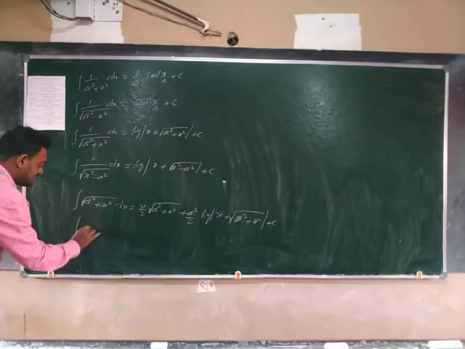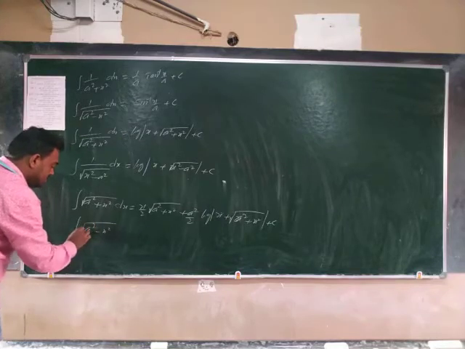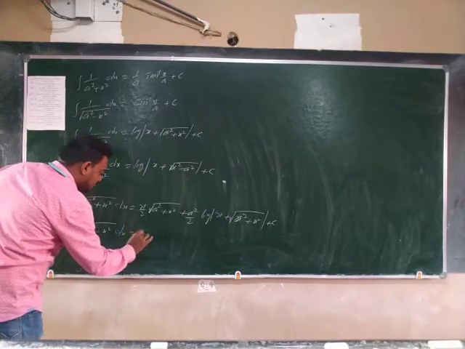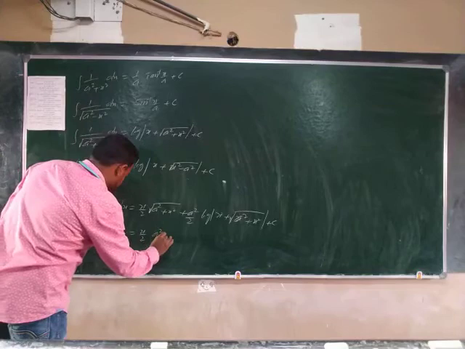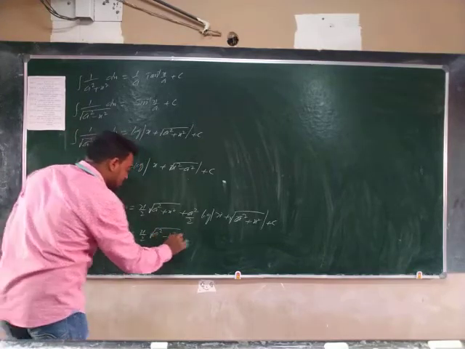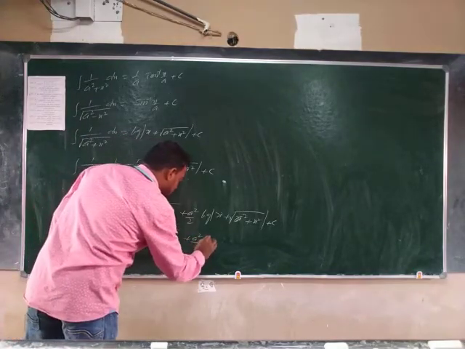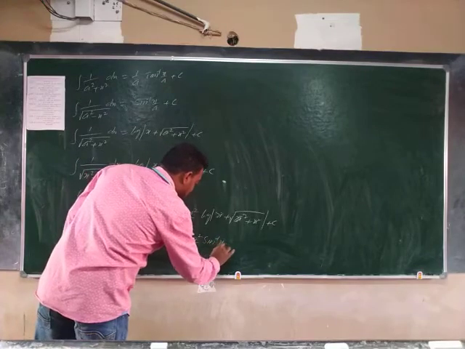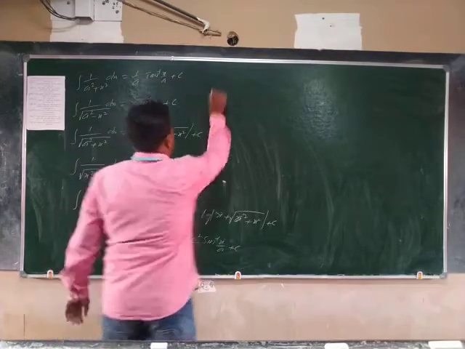Next, integration of under root of a square minus x square dx is equal to x by 2 into under root of a square minus x square plus a square by 2 into sin inverse of x by a plus c.